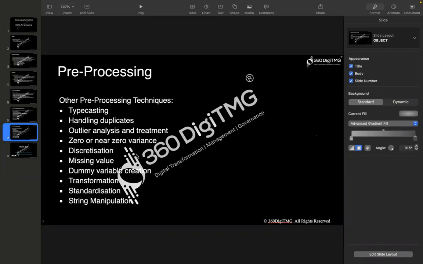Then we have handling duplicates. While fetching such records, it makes more sense to fetch only unique records instead of fetching duplicate records.